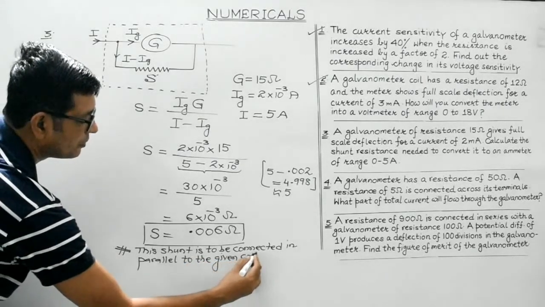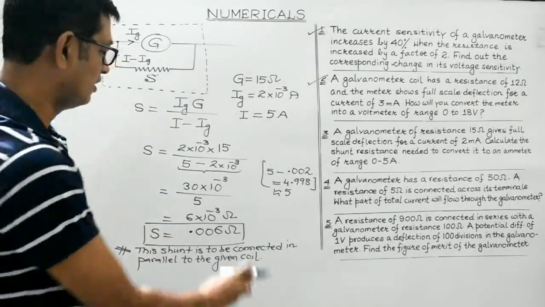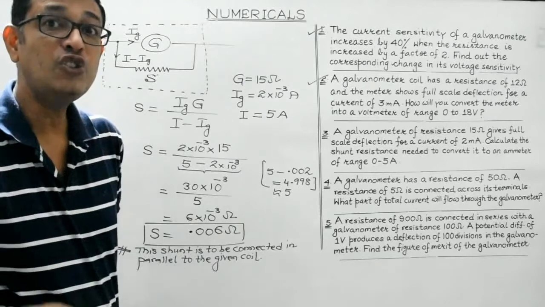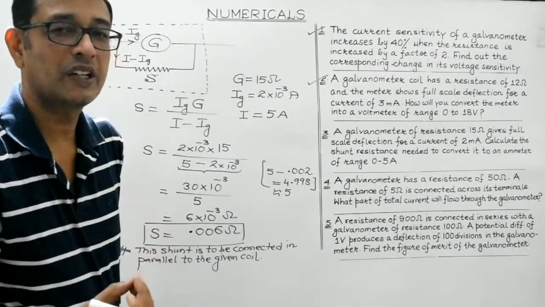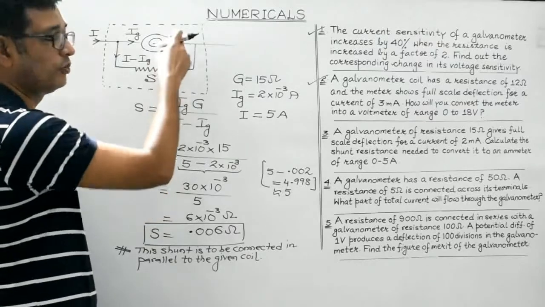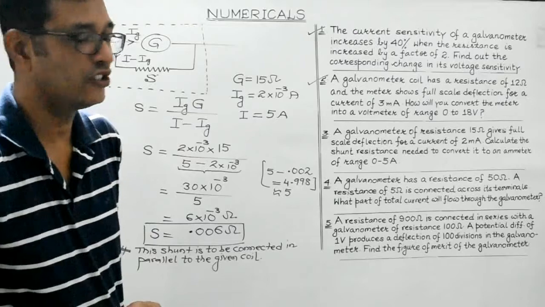This theoretical statement is absolutely mandatory. Right? After getting the numerical value of S, you need to write theoretically that this value of shunt is to be connected in parallel to the galvanometer so as to convert the galvanometer into an ammeter of suitable range.